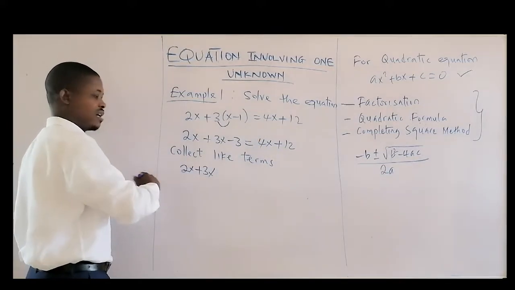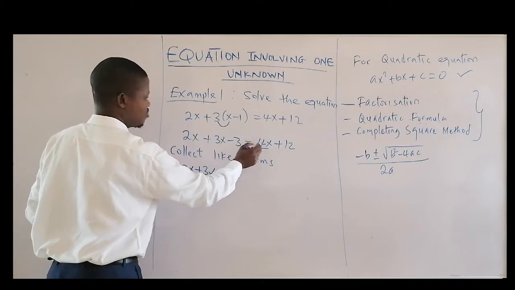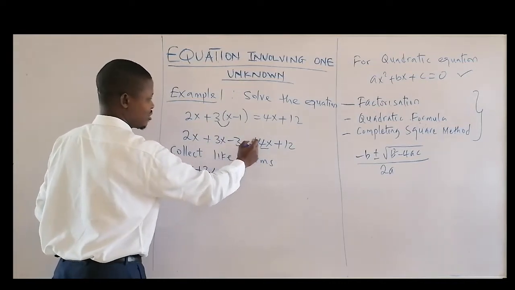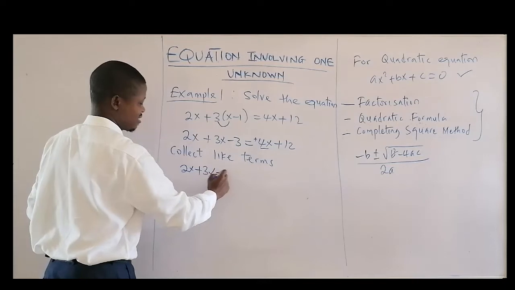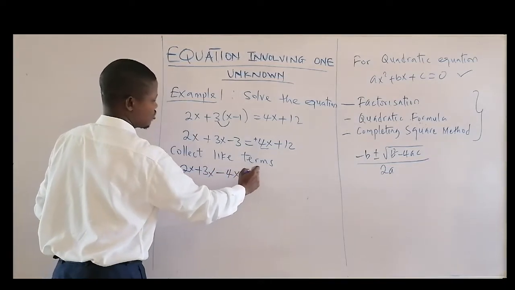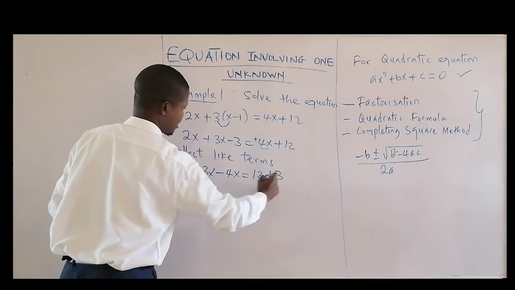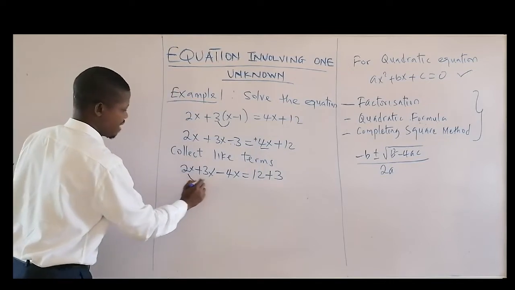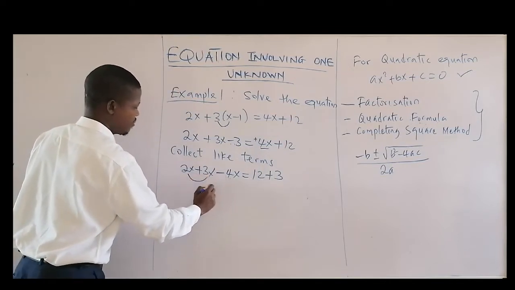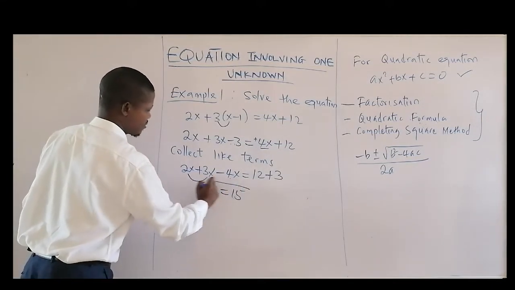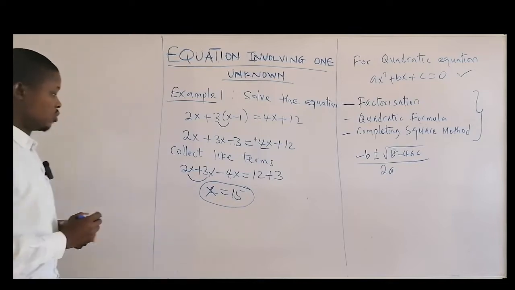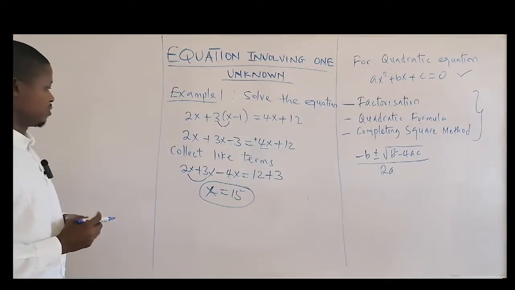They are of one family. When you move a plus over an equal sign, the sign will reverse and that will be minus 12. Let this 3 also go to the other side, that's a plus 3. So we have 5 minus 4, that's x equal to 15. So we have gotten the one unknown.